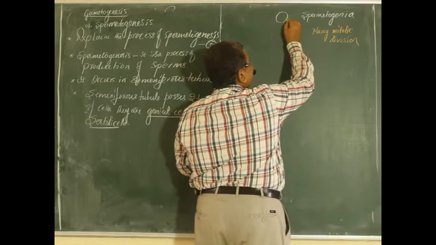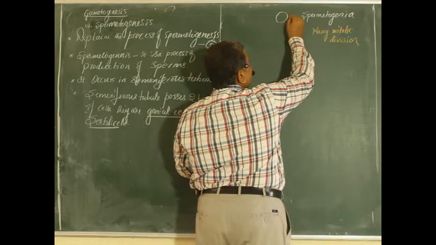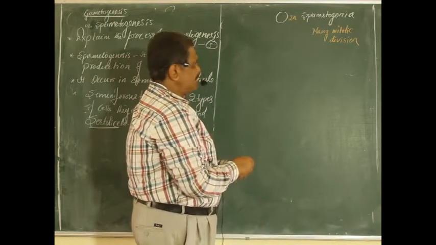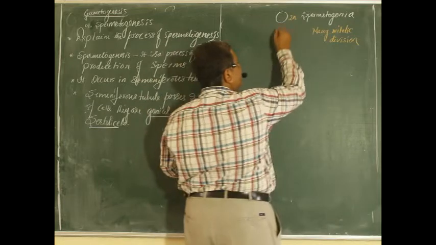So it is diploid. Diploid means 2 sets of chromosomes will be there. What happens to this after many mitotic divisions?